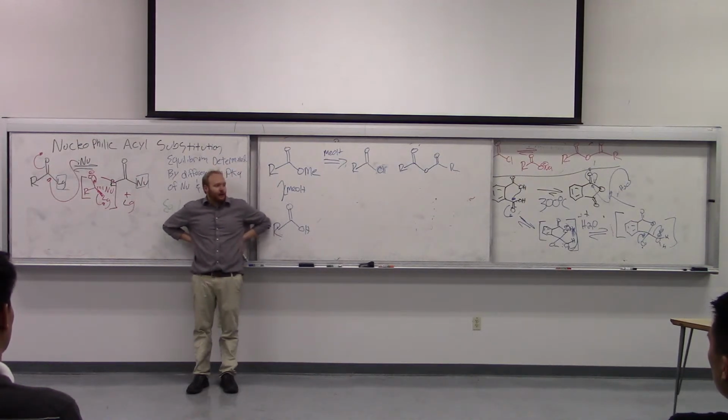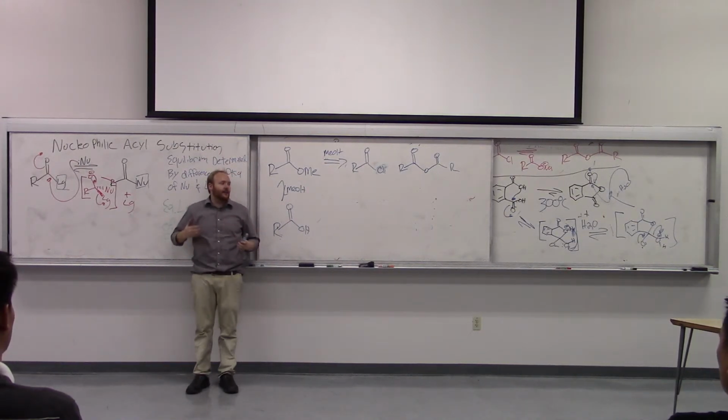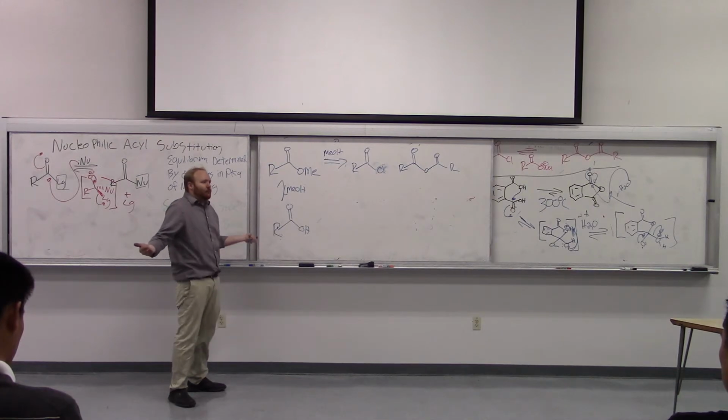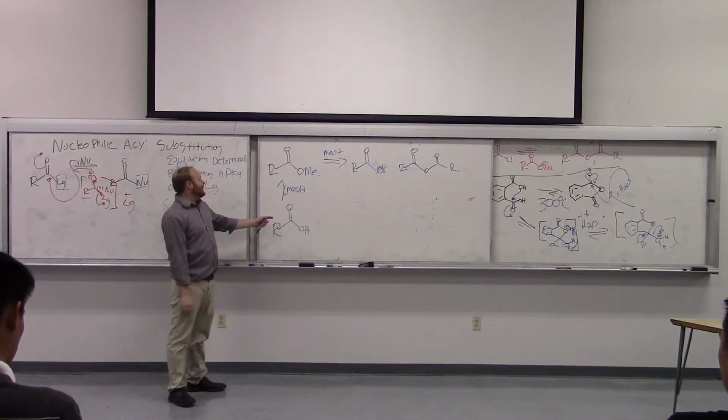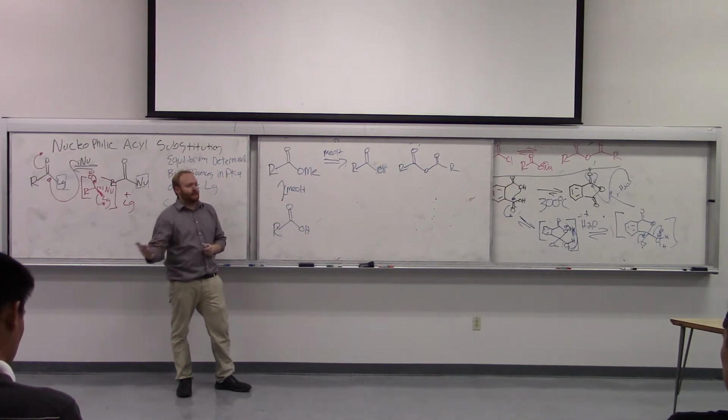Or would it lie anywhere? Or would it be equal? Equal. Based on the pKa argument, water and alcohol have similar pKa's, so there would be very, very little preference for either one. And so maybe we get some kind of slow methanolysis of this. But it's not going to be fast and it's not going to be good.